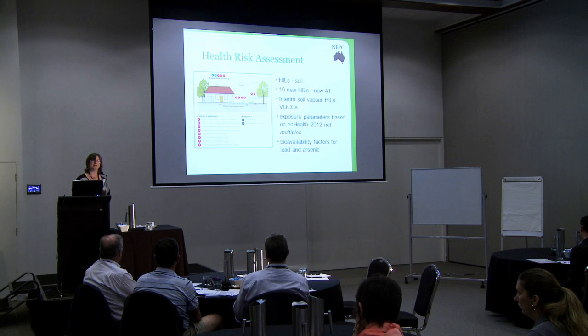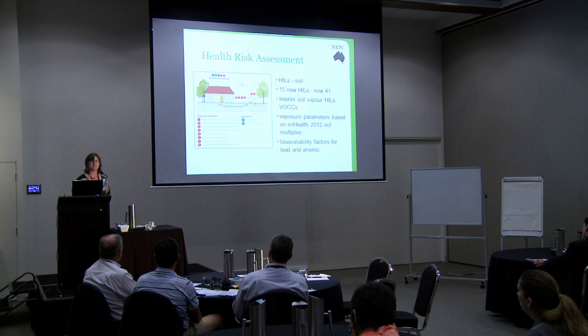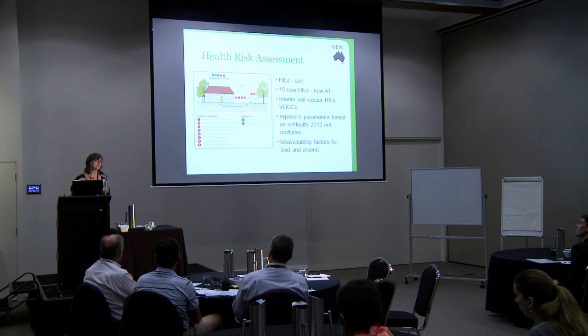The HILs would also vary with how bioavailable the contaminant is. There is some information out there, but it is still fairly limited in how we can apply it, how reliable it is. So unfortunately there's only 2 substances, lead and arsenic, where bioavailability has been taken into account in the development of the HIL.